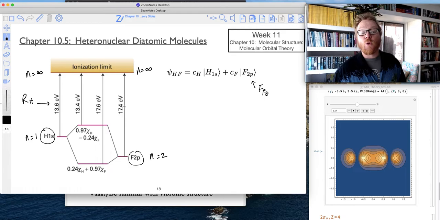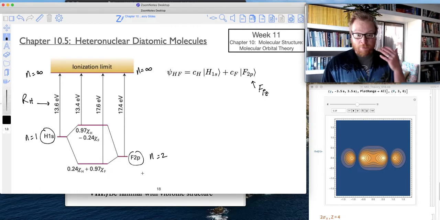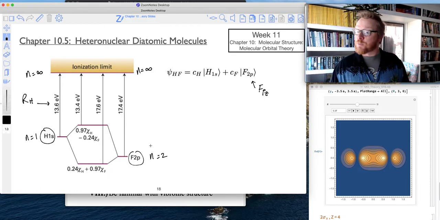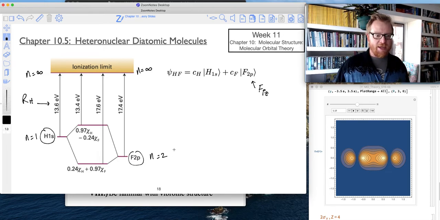Fluorine requires a much larger ionization energy because it's more electronegative, as we remember from our Gen Chem days, okay? So this creates these first levels, which allows us to start to think about how to put together this solution.